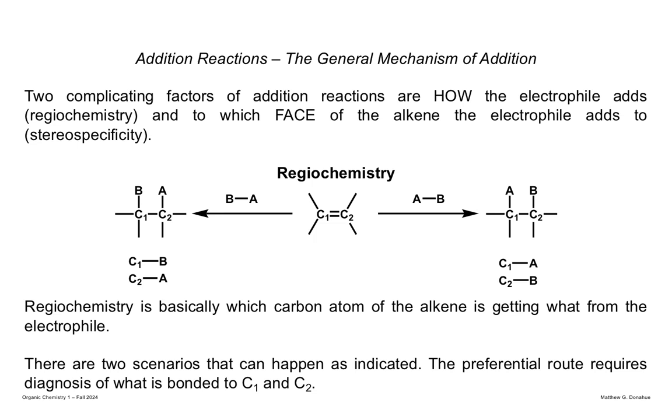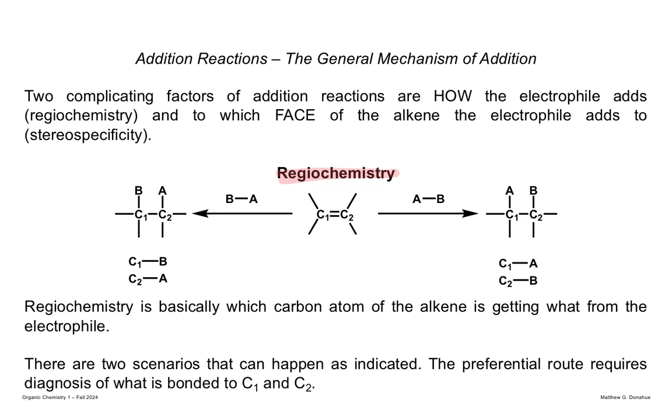So the first term we'll introduce here is called regiochemistry. So regiochemistry basically describes what carbon atom of the alkene is getting what element of the electrophile. So they can add in two different ways.